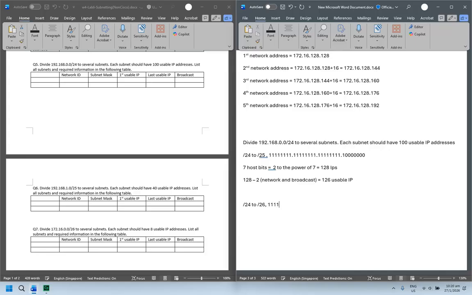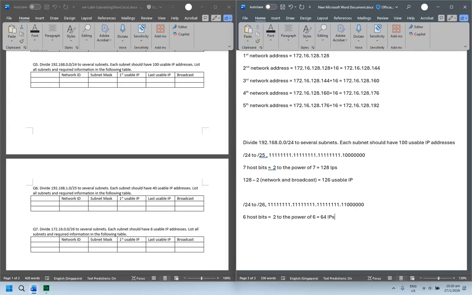So 8 ones, 8 ones, 8 ones, making 24, then 25, 26, followed by 6 zeros. Okay, so I have 6 host bits. Basically it's 2 to the power of 6, which will give me 64 IPs.